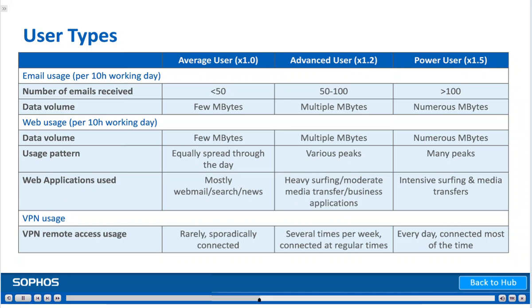You can calculate the weighted number of users for each category type, then add the results together. If you have 30 average users, 20 advanced users, and 15 power users, your weighted number of users would be 77, or 30 plus 20 times 1.2 plus 15 times 1.5.